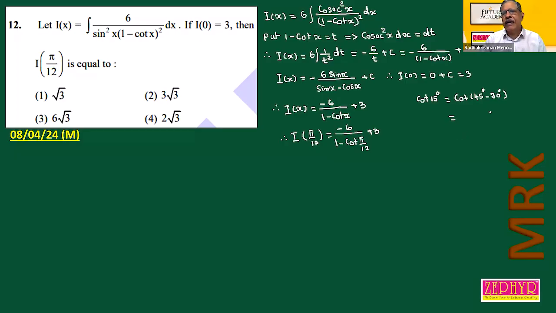So what is cot A minus B? Cot A cot B plus 1 divided by cot B minus cot A. Cot 45 cot 30 plus 1 divided by cot 30 minus cot 45.